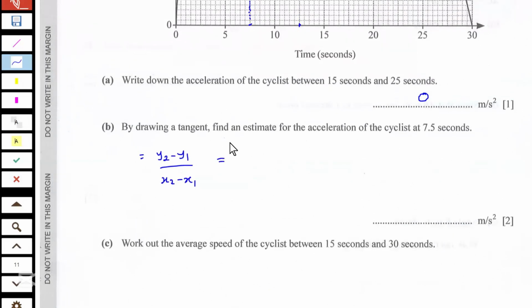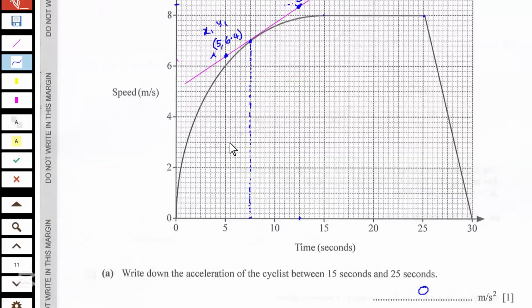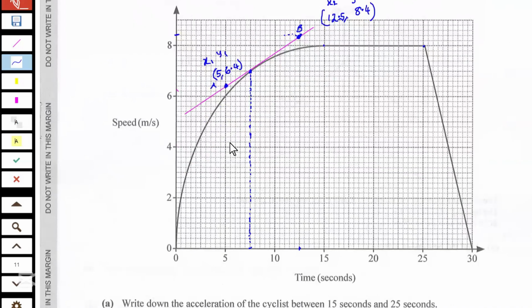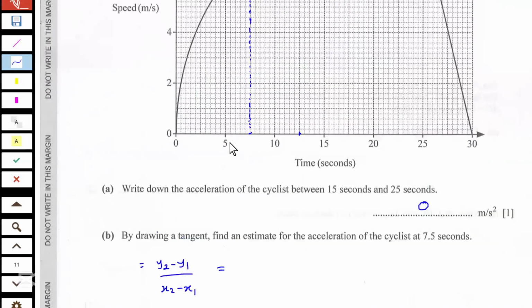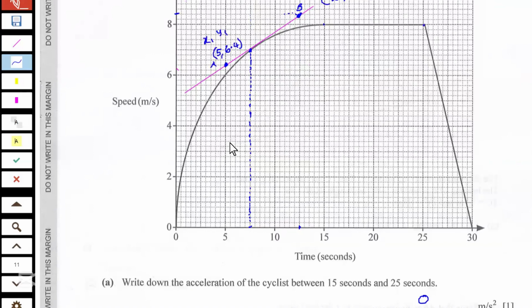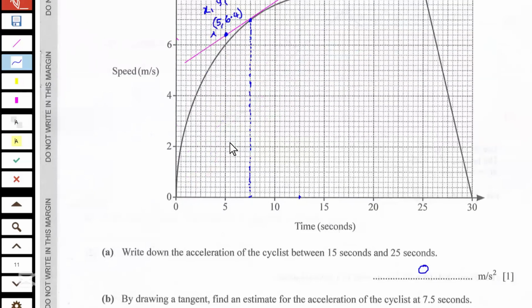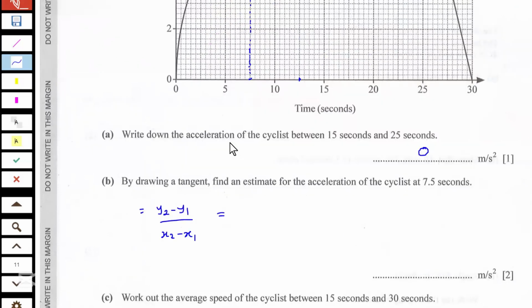The value for Y2, 8.4 minus 6.4. Y2 is 8.4, Y1 is 6.4. So 8.4 minus 6.4.